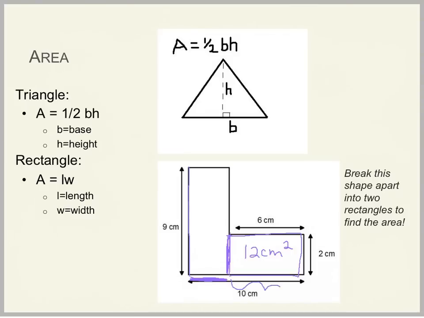Well, if this piece right here is 6 centimeters, then what's left over from the total of 10 would be 4 centimeters. So 9 times 4 is 36 centimeters squared. Now, adding my 2 rectangles together, I see that the total area of this shape would equal 48 centimeters squared.